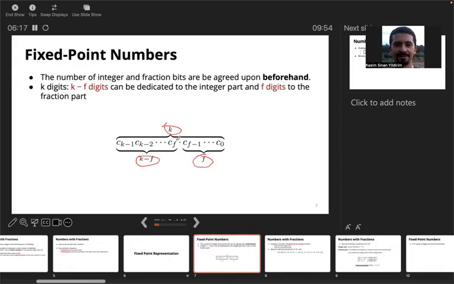The point that separates the fractional part from the integer part is fixed. So I have exactly f bits for the fractional part and k minus f bits for the integer part. That's why I say fixed point numbers. The point is fixed.